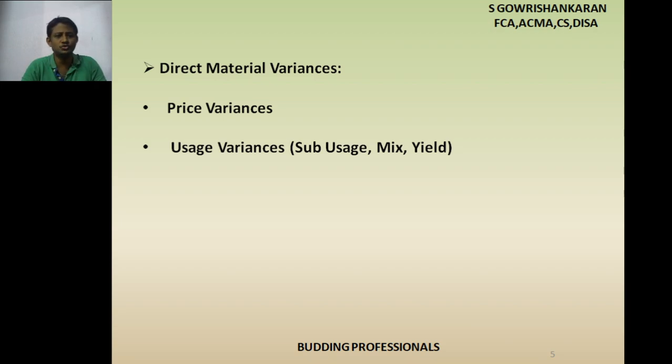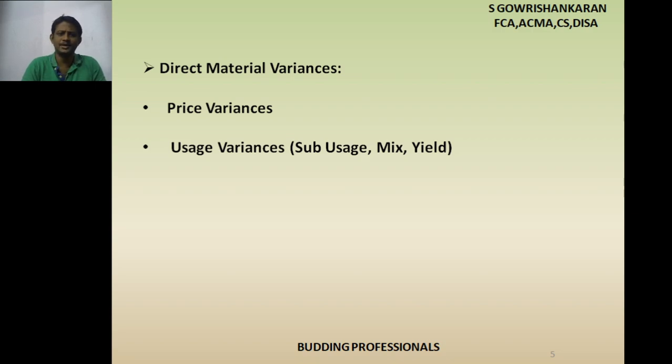Extra 10 kg you used. That is a usage variance, an adverse one. So 100 kg is the standard, but actually you used 110 kg, so 10 kg extra is an adverse variance. But here standard is 100 kg, and actually you used only 90 kg.